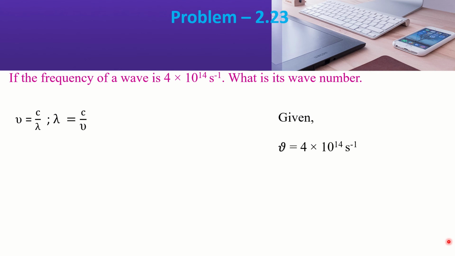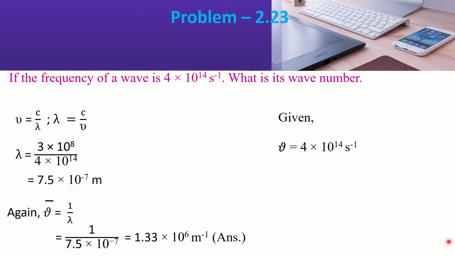So after putting these values, we get wavelength lambda equals 7.5 × 10^-7 meter. This is wavelength, and you have to find wave number. Wave number nu bar equals 1 by lambda, and it comes to 1.33 × 10^6 meter inverse.